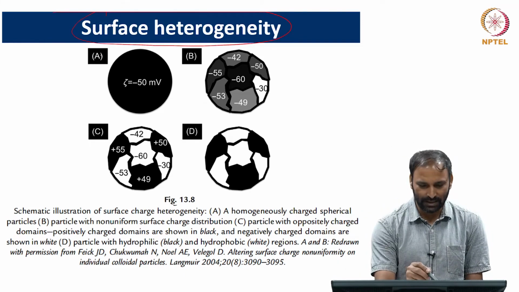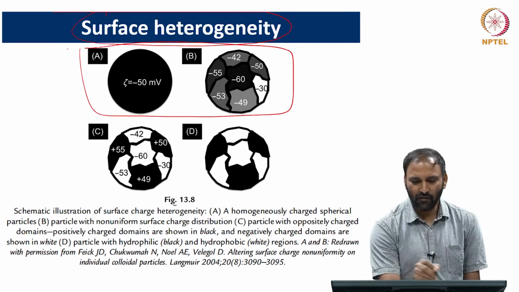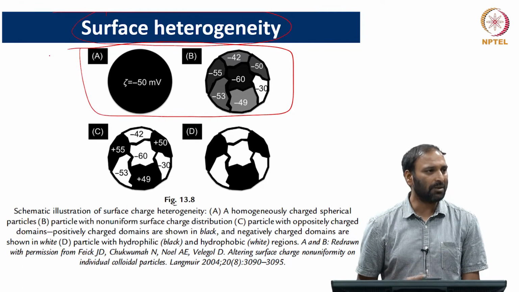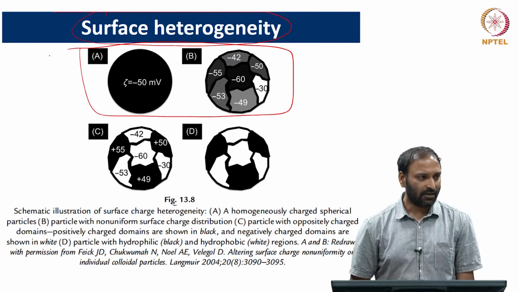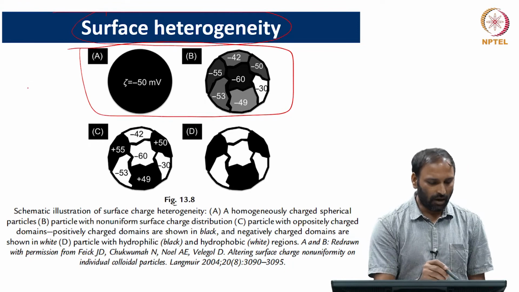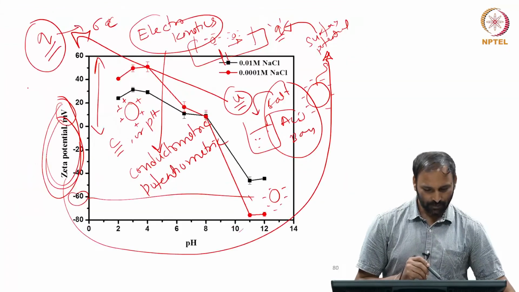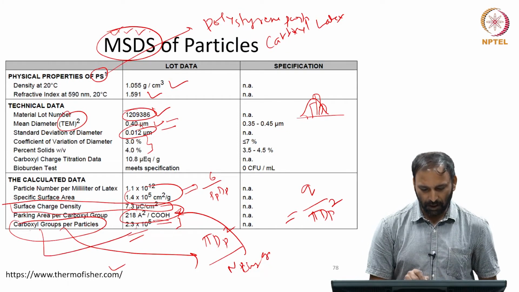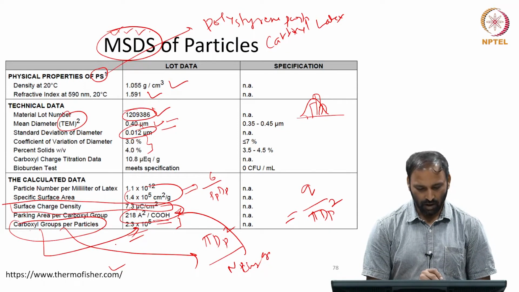What you are looking at is an example where you have a particle which is homogeneously charged. What I mean by homogeneously charged is that we looked at that quantity, carboxyl groups per particle.